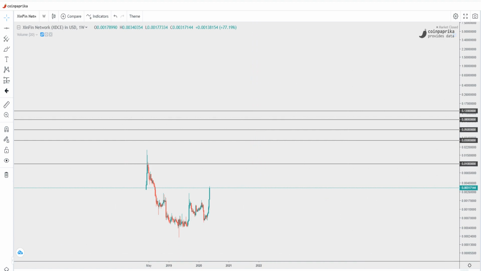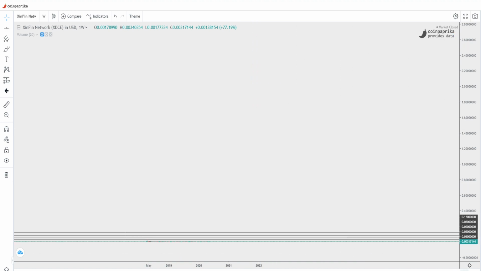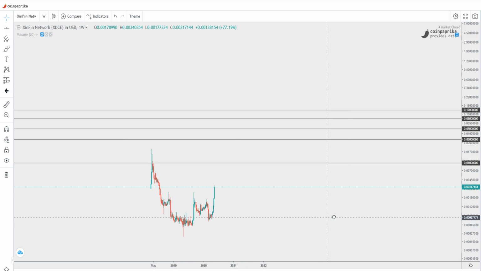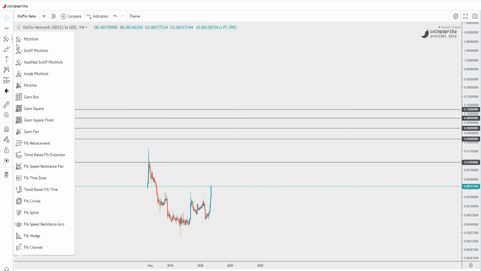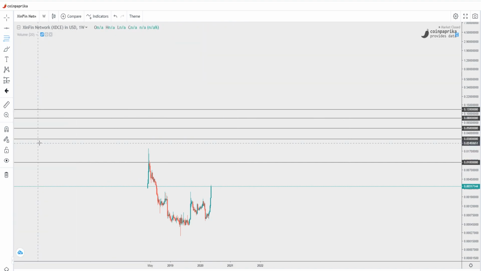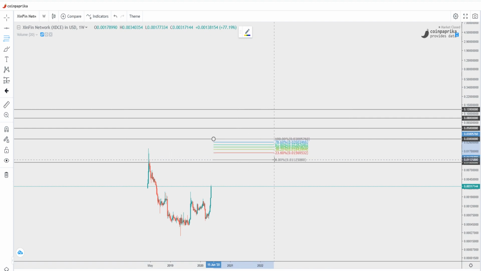Okay, and this is because we are using the log scale, because without the log scale we can't chart it properly. So what I'm going to show you here is our key next level. I believe this Fibonacci is not properly set up. Oh, it is. Okay, great.